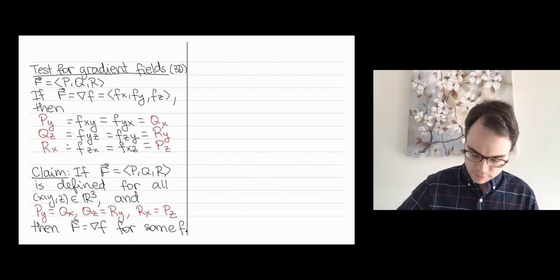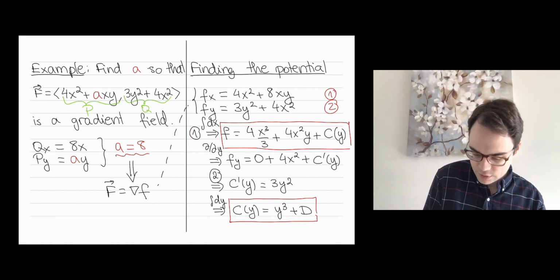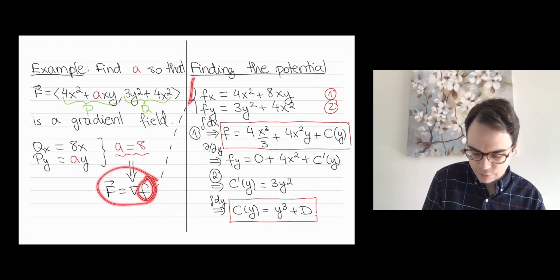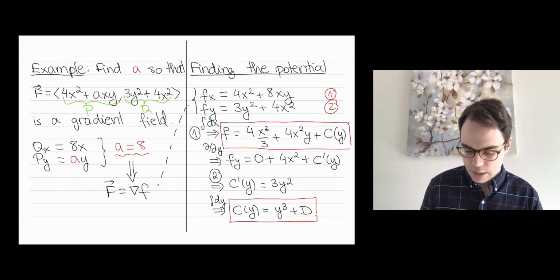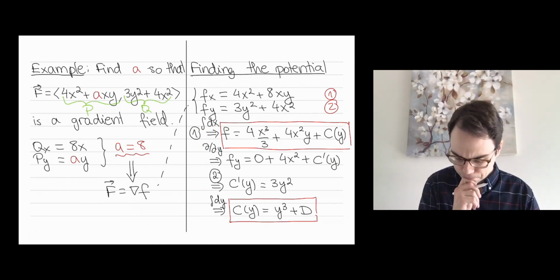Let me say a few things about that. If I give you a vector field and you're looking for a function whose gradient is that vector field, you'll have three equations rather than just two. And then I will do the exact same game, working one equation at a time.